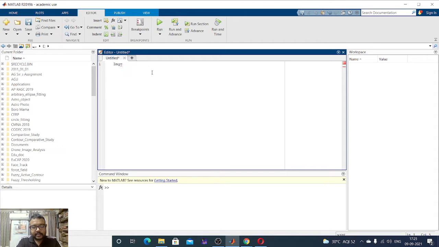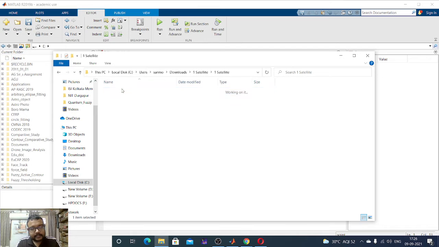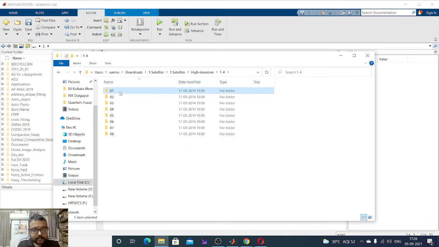Then imread, right? And then here I have stored the image, and here I am using the high deviation image.